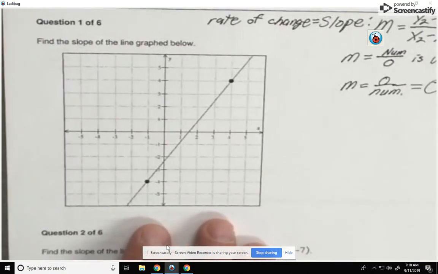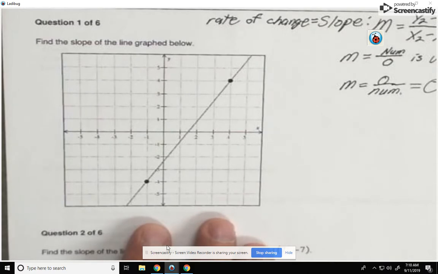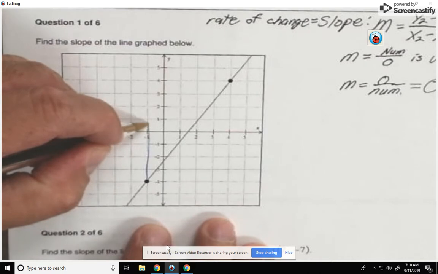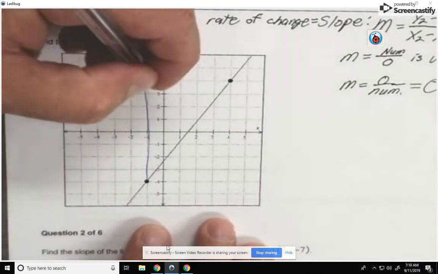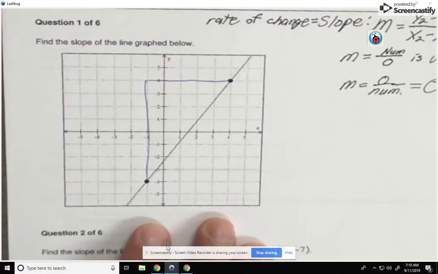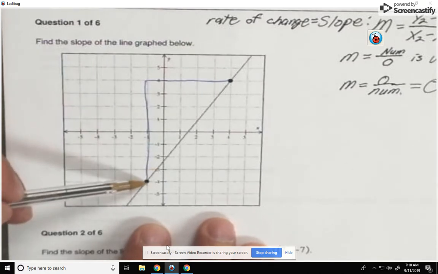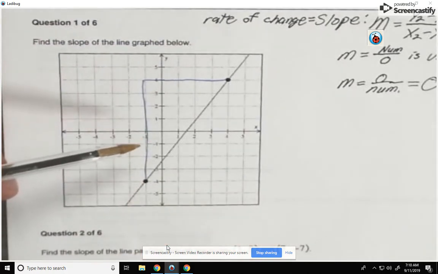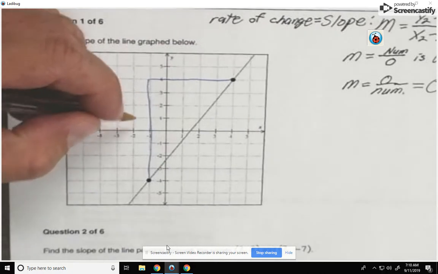Okay, so question 1, you're given a graph and you're asked to find the slope. If you're given a graph, you can do a shortcut method of connecting your 2 points and forming a right triangle. So from here up to this point, we go from -4 to 4, which means we changed by 8.